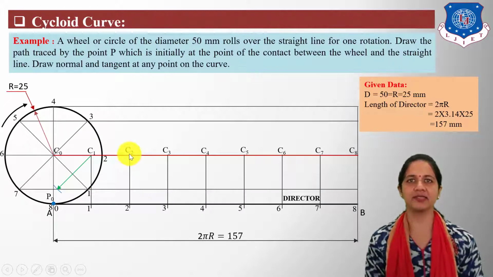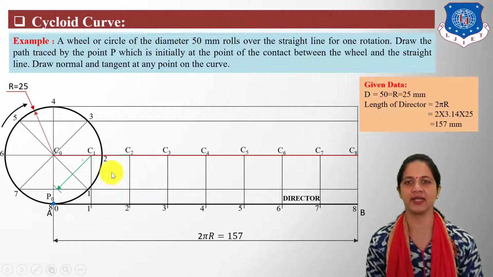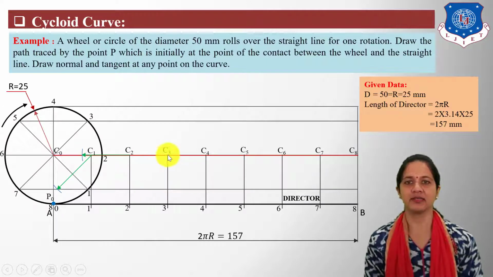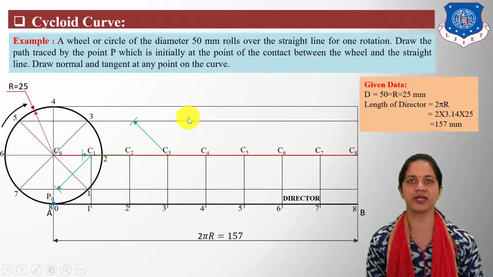Similarly, take center C2, radius is equal to rolling circle and cut arc on 2 number horizontal line. Next, take center C3 and cut arc on 3 number horizontal line, C4 center and cut arc on 4 number horizontal line.